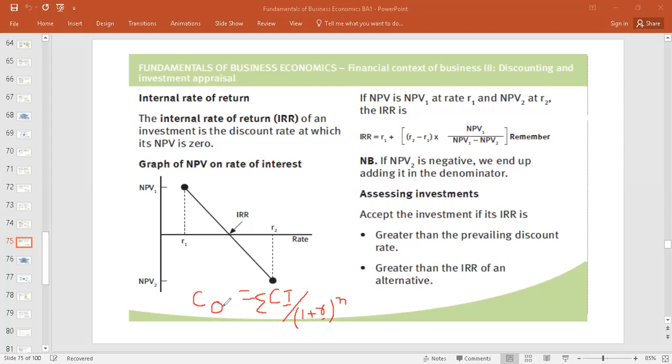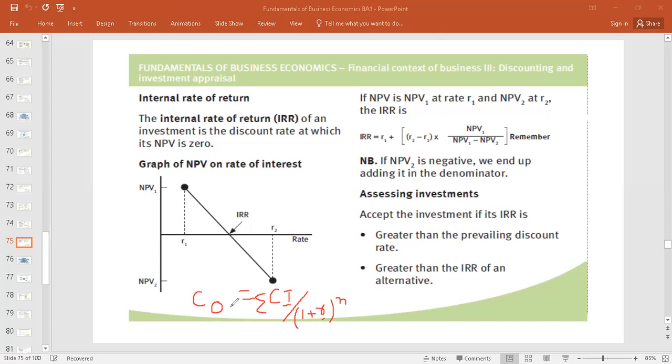Let's say an investment is made worth 10,000 today. As against 10,000, there would be a certain amount of cash flows expected from year 1 till year end. These cash flows also have to be discounted to find out the present value. We do not know the rate at which, when all these cash inflows are discounted at some R percentage for N number of years, the sum total value is exactly equal to the cash outflow.